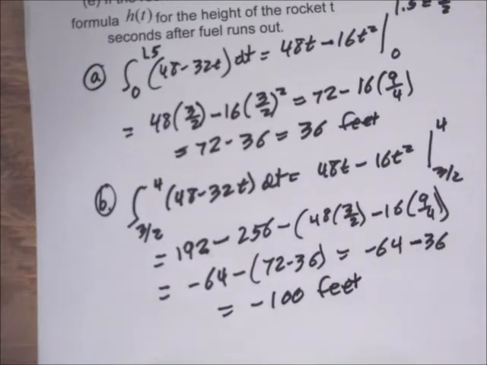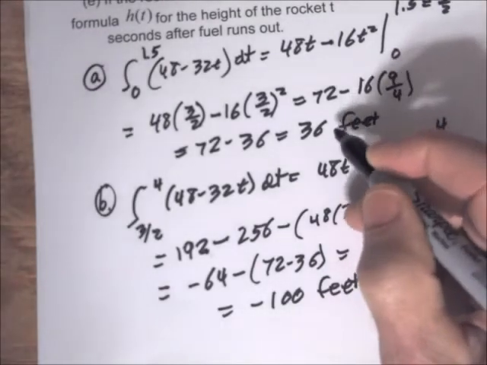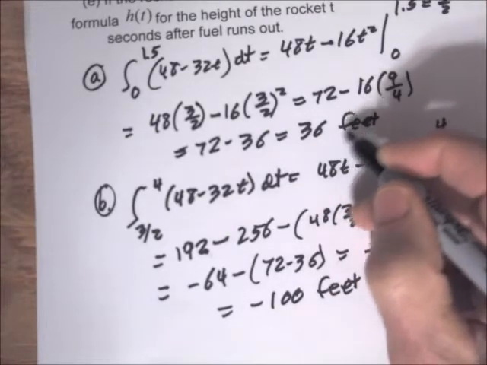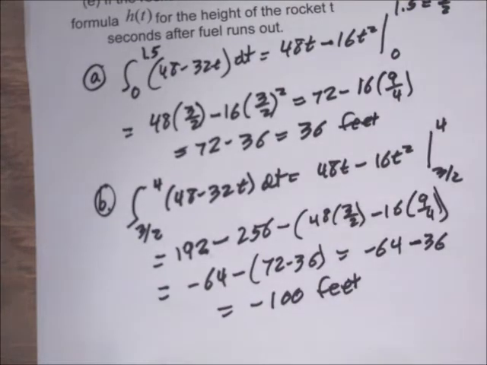So the net change is negative because it's going down. Part A was a positive 36 feet, it's going up 36 feet, and this is a negative 100 feet, it's going down 100 feet.